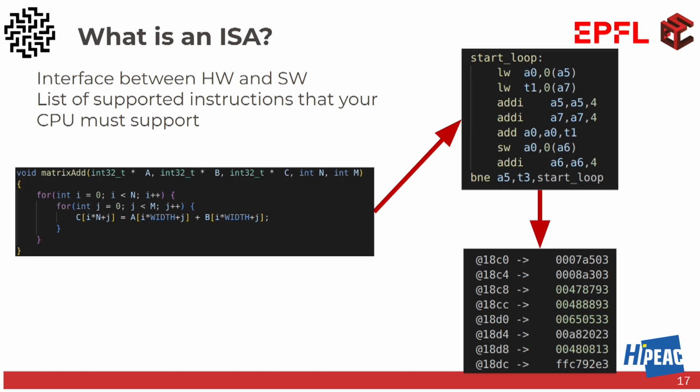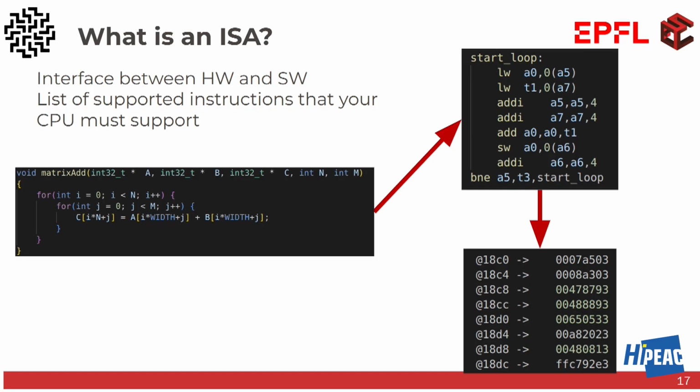But yeah, an ISA is a contract, I would say, between the hardware and software. So you have a piece of hardware running some operations, where some is to be defined, and then you have your software that needs to be translated to those operations, right? So the spec between these two worlds is the ISA. If, for example, you're doing a matrix addition, maybe you write it in C code, like the example I'm showing here.